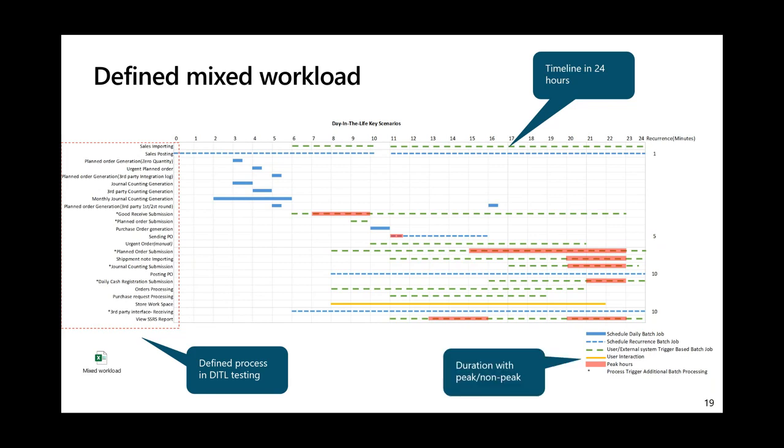And then in the chart, there are different colors in the chart bars. I have to define the timeline for each process, and the process may be a batch job, a recurring batch job, or user interactive. So for example, the last scenario on the left-hand side is the SSRS reporting in the list.